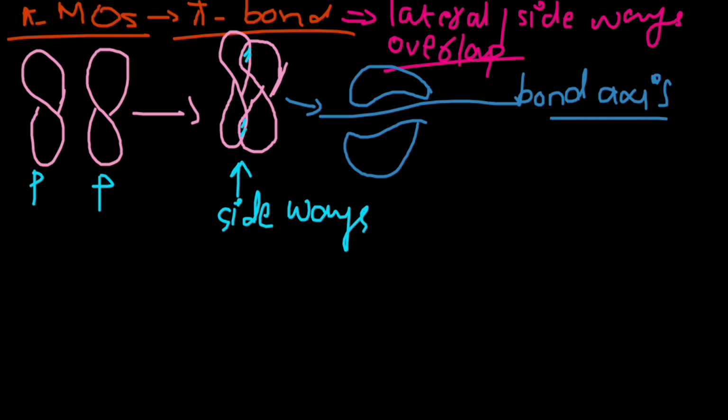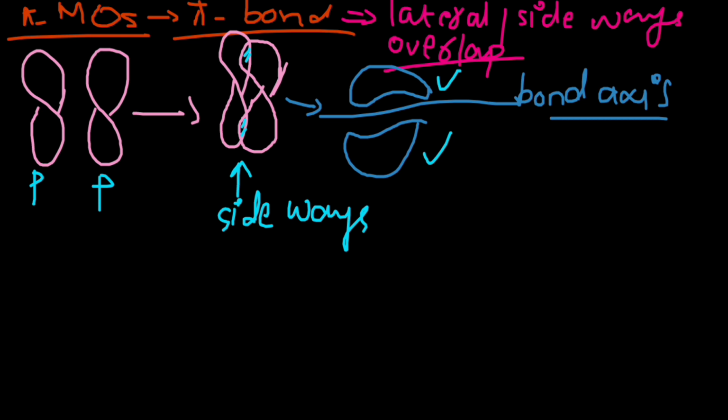The atomic orbitals overlap such that there are two regions of overlapping, and both of the regions are above and below the line joining the two nuclei, or above and below the bond axis. In these regions the electronic density is available, so the probability of finding the electron in pi bond is above and below the line joining the two nuclei or bond axis.